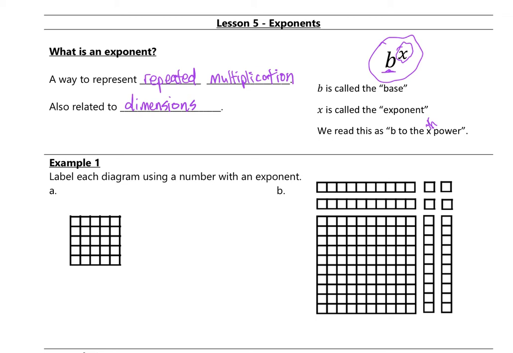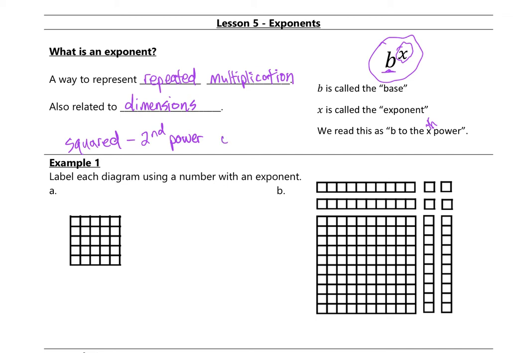If you calculated area and done 10 meters times 10 meters, you end up with 100 meters squared. Now that word squared is what we use for the second power. We don't have to use it for the second power, but when you hear somebody use it, that's what you should think is second power.